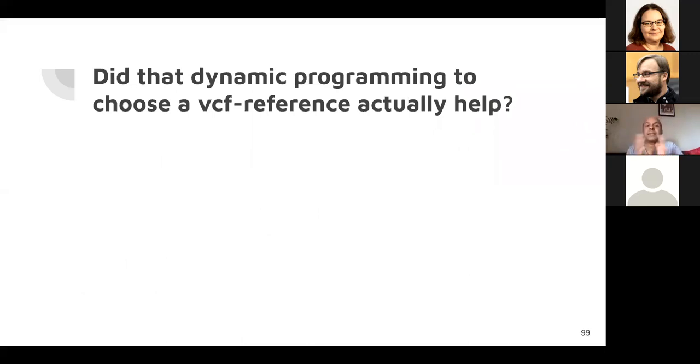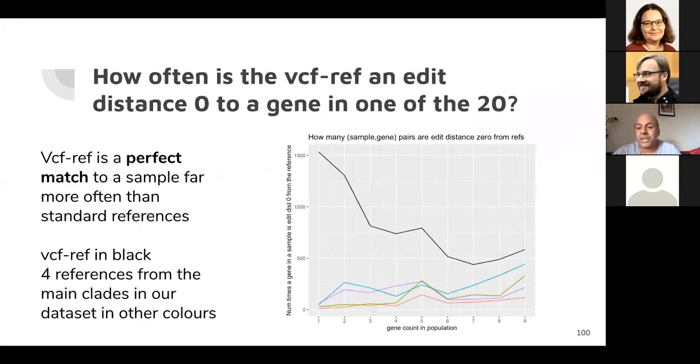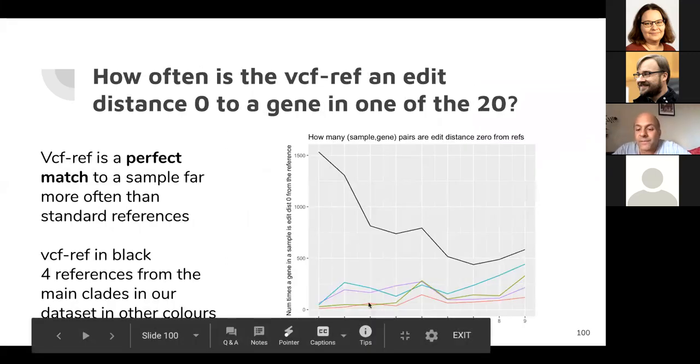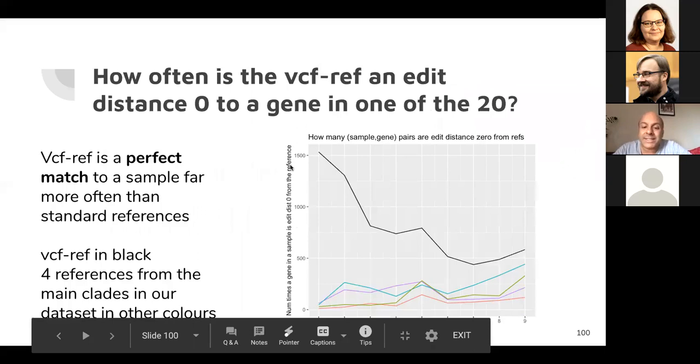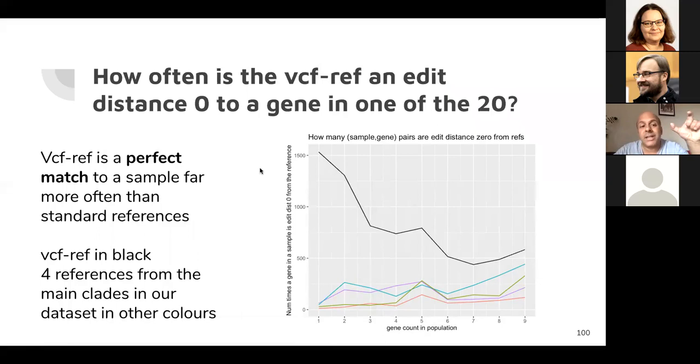Okay, we need it. And there's a question of whether that dynamic programming to choose a VCF reference actually helped. Here's a plot. This is how often a gene occurs in the population on the x-axis. And on the y-axis is the number of times a sample that contains that gene is a perfect match to a VCF reference.